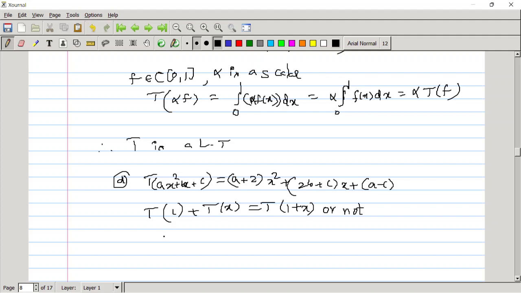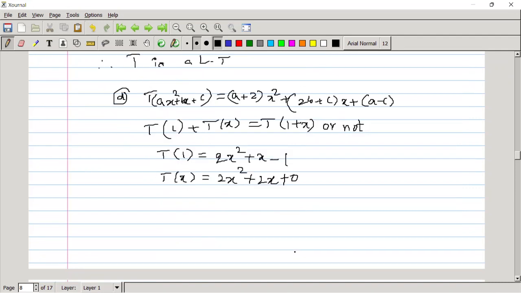By the definition of T, T of 1 equals 2 times x square plus x minus 1. Similarly T of x equals 2x square, b is 1, so 2x plus 0.